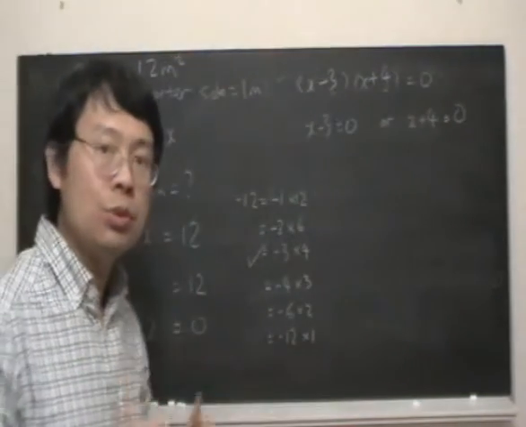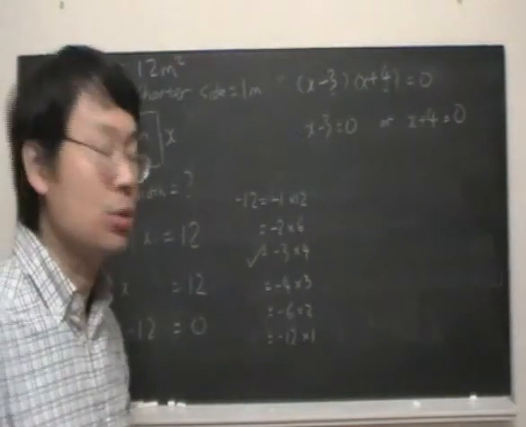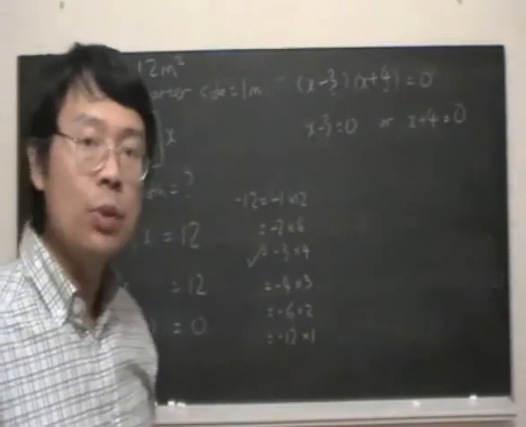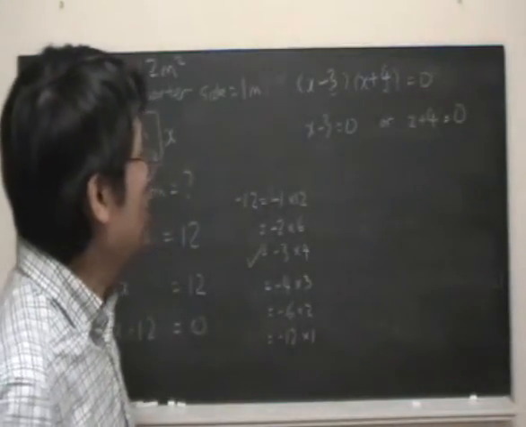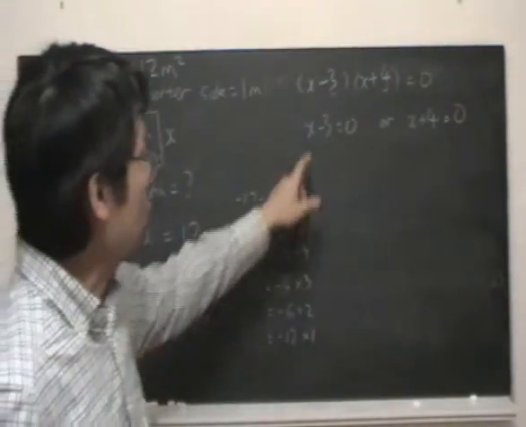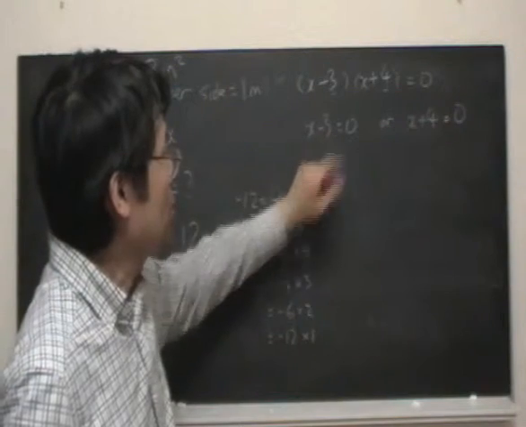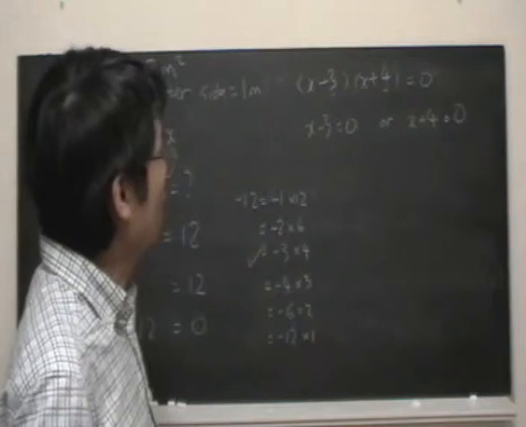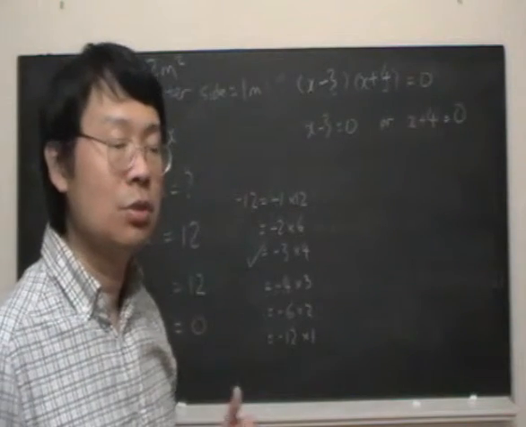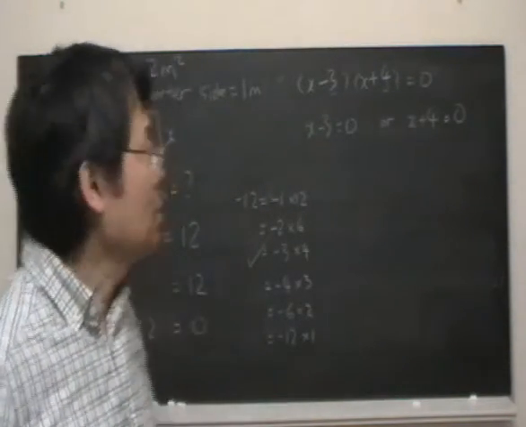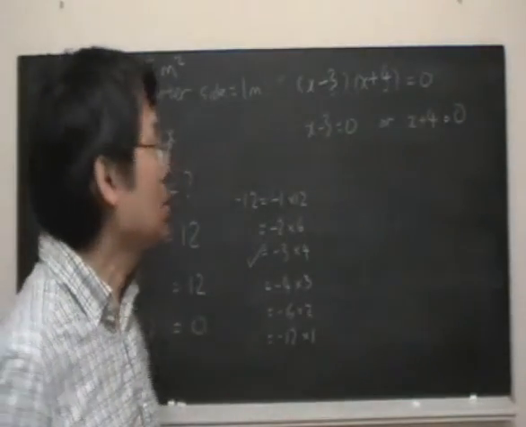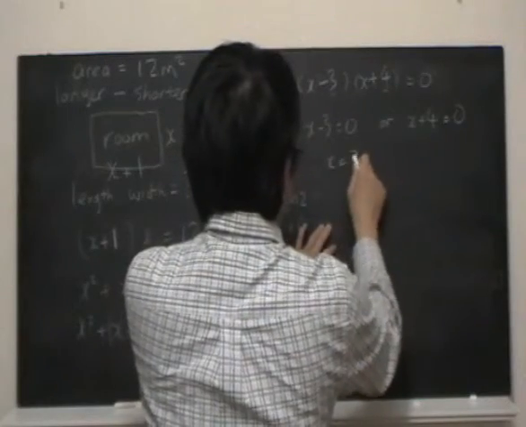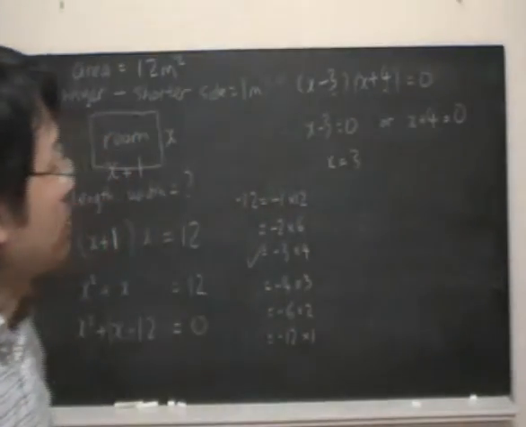And now we have two simpler equations that we can solve. So x minus 3 is 0. We can do the usual steps, or you can just look at x minus 3 and say that 3 minus 3 is 0, so x must be 3. This is a quick guess that can give us the answer right away.